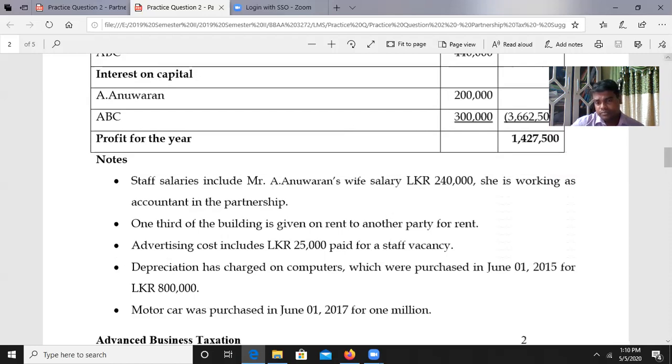In the partnership tax calculation, such a relative's salary can be allowed as an allowable expense. But in the case of a sole proprietor, relative salaries cannot be allowed. But in the case of partnership tax, relative salaries can be allowed. So this salary can be allowed, and it was already deducted in the financial accounting. So we don't need to make any adjustment for this 240,000.